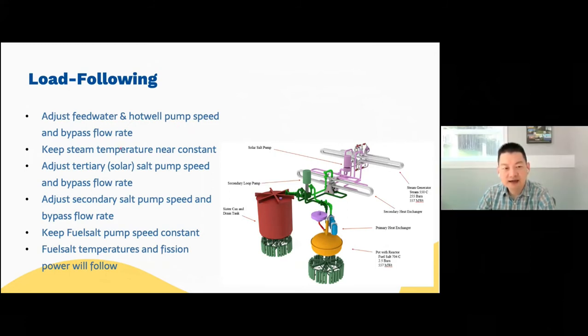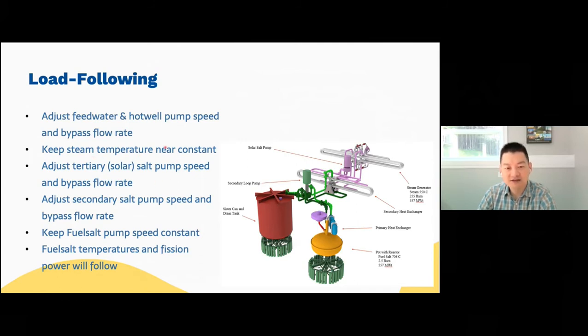By doing that, we keep the steam temperature near constant. So we're not adjusting temperature. We just adjust the flow rate of the loop, which I have some curves for in the next several slides. I can go into detail, but let's go through the whole process first. So we adjust the flow rate of the steam but keep the steam temperature near constant.